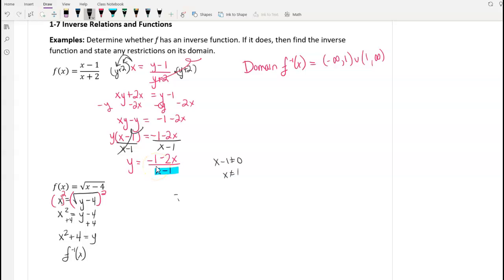Well, let's take a look at that domain and range of f of x. Well, the domain said, hey, you can't equal 4. It has to be bigger than 4. So we have 4 to infinity. But our range said this was a square root function, and we know that we can't have any negative y values, which means our smallest is going to be 0.